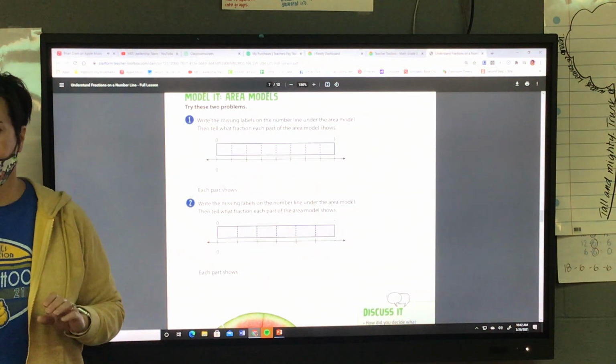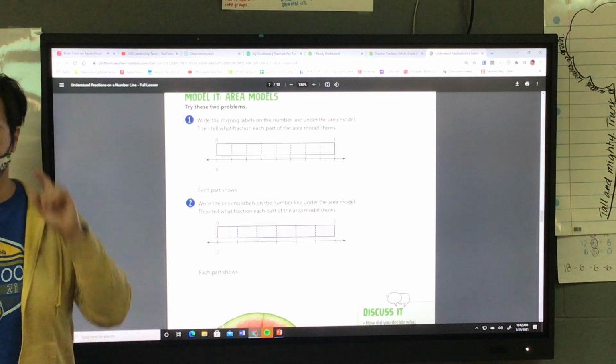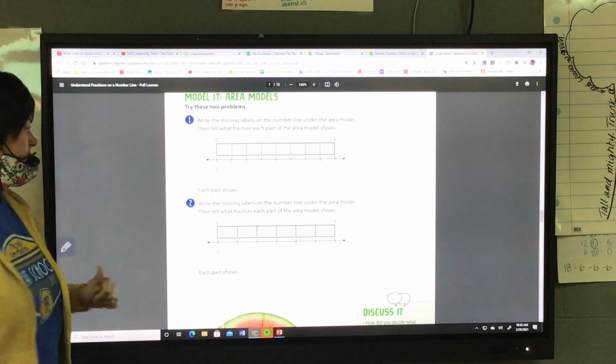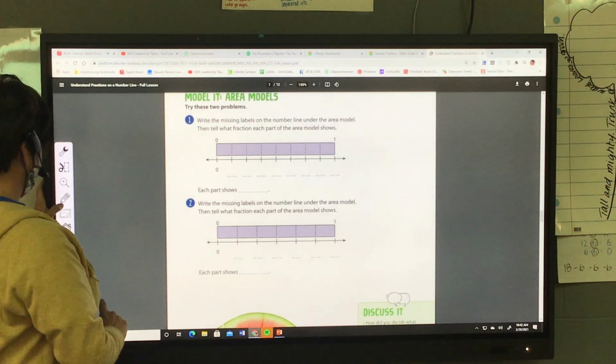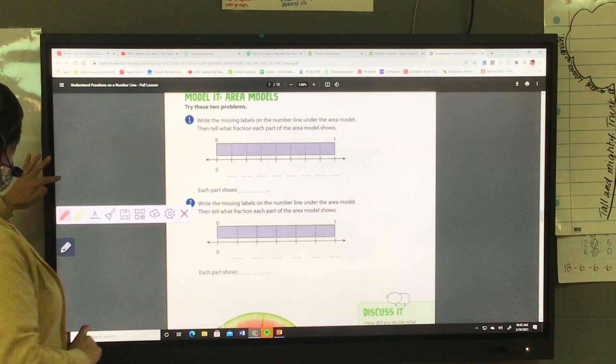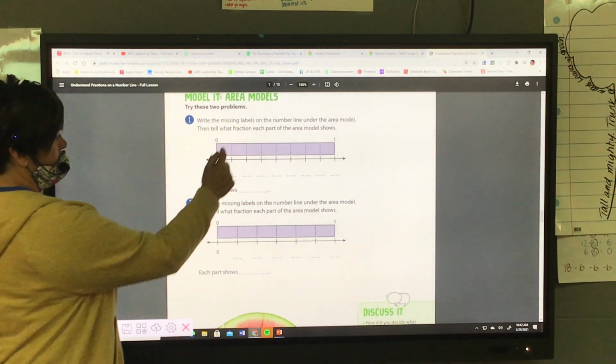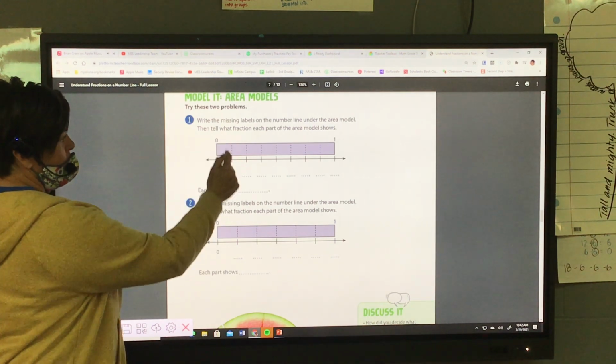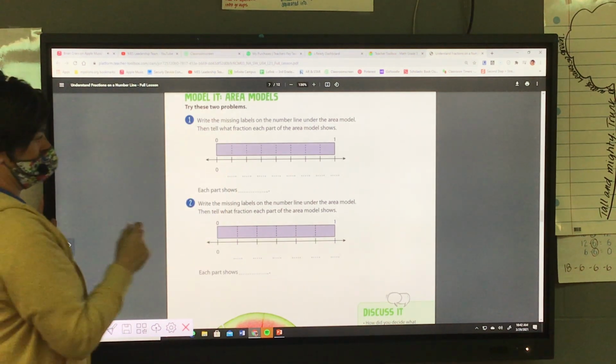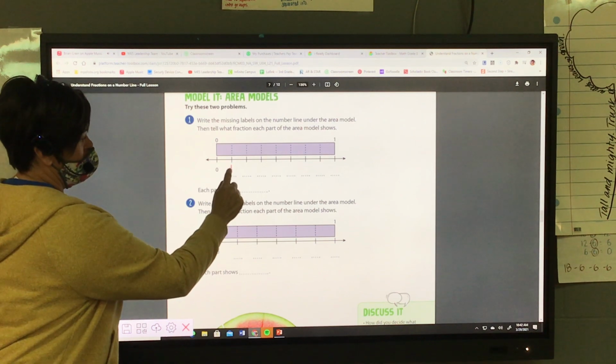What's our denominator going to be? We just counted it. What's our denominator? 8. So now, this would be what? Part of it. 1/8.